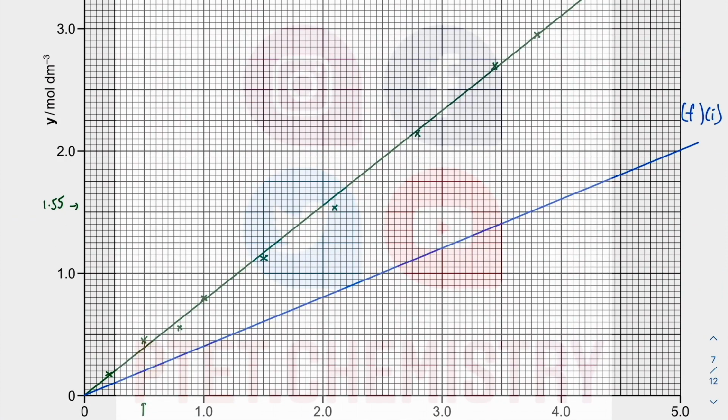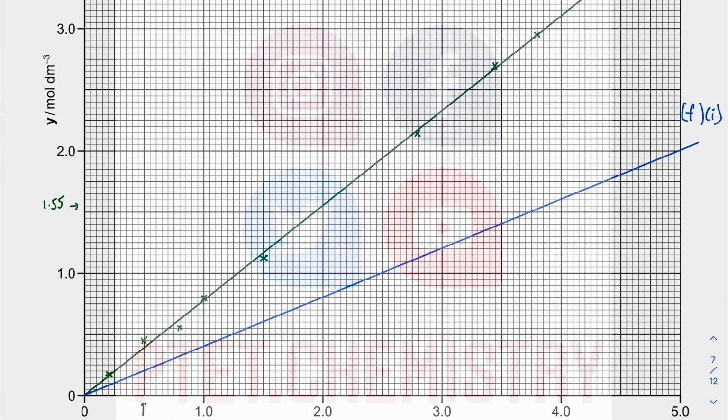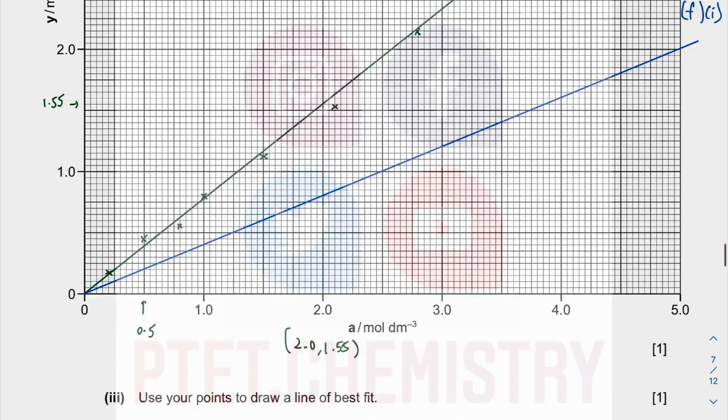So that point is actually wrong as well. That should have been 2.1. Where's 2.1? 2.1 and 1.55 is there. 1.53 is roughly there. Or maybe I was right. I don't know, but that's still pretty close.